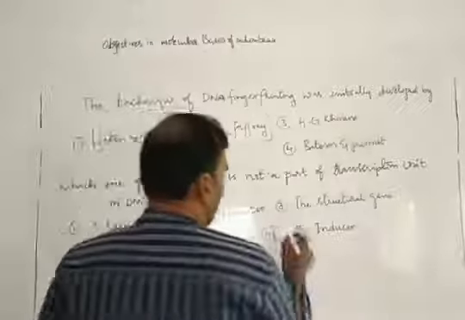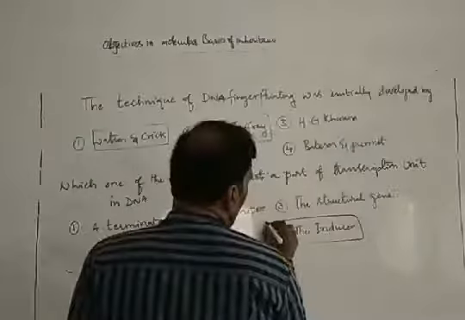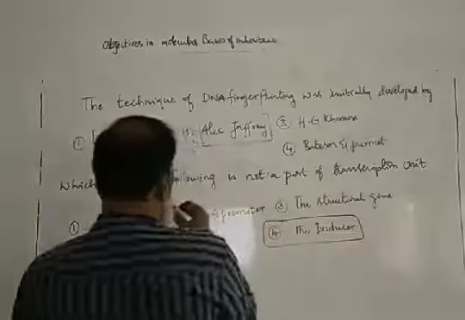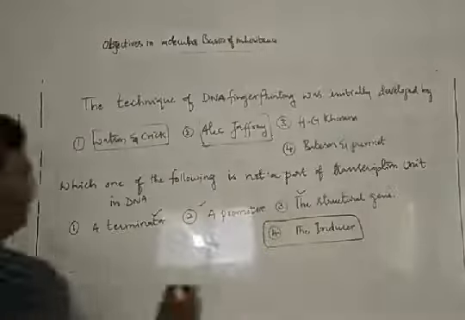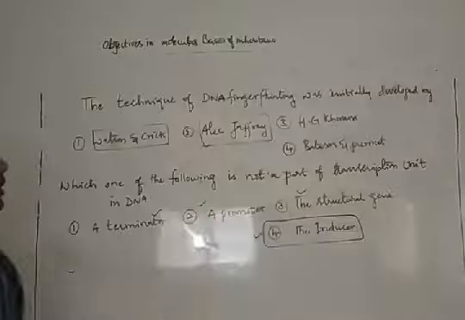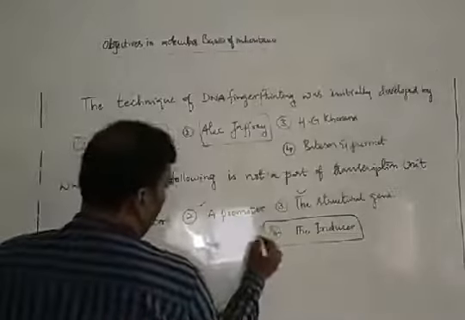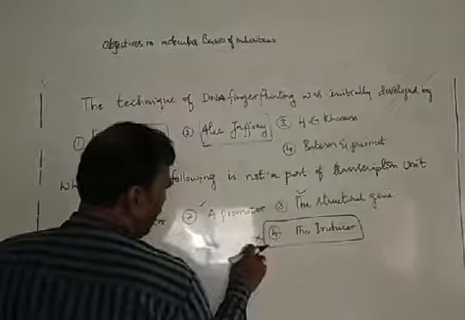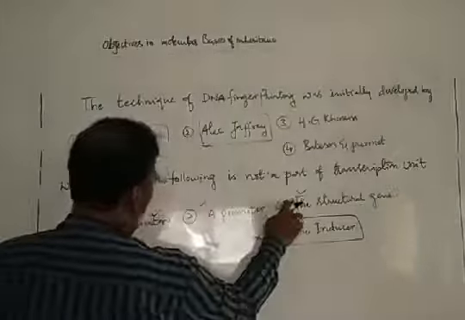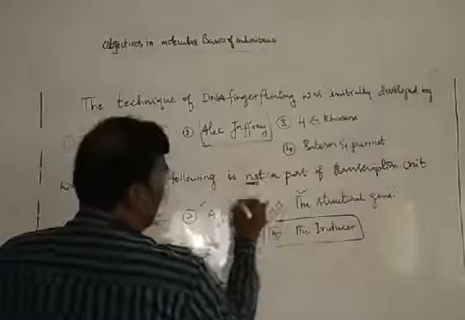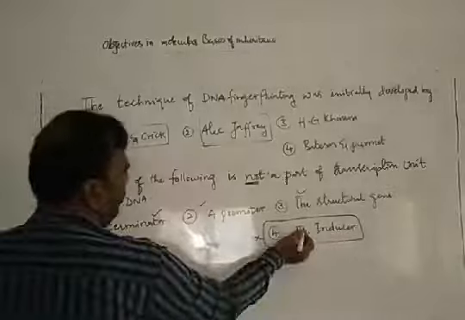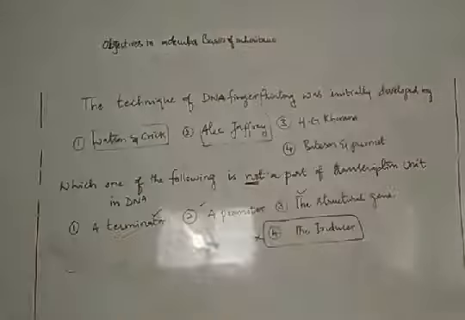So this belongs to gene regulation. The others belong to DNA transcription. So the fourth option is the right option here. They are asking which of the following is not a part of the transcription unit. The inducer is not a part of the transcription unit.